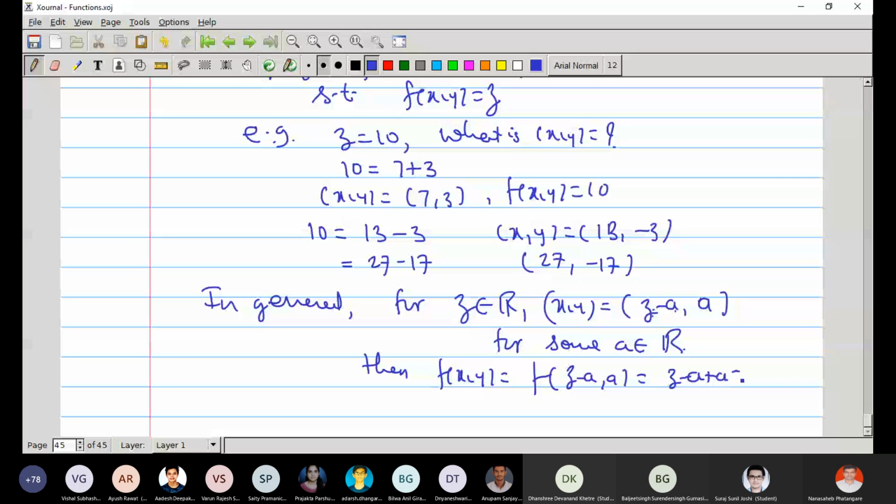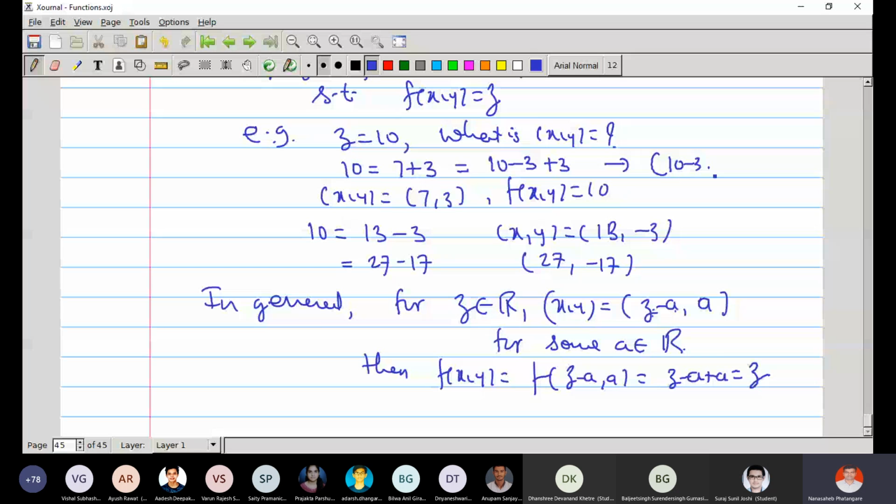That's how I created the element (7, 3): 10 minus 3 plus 3.